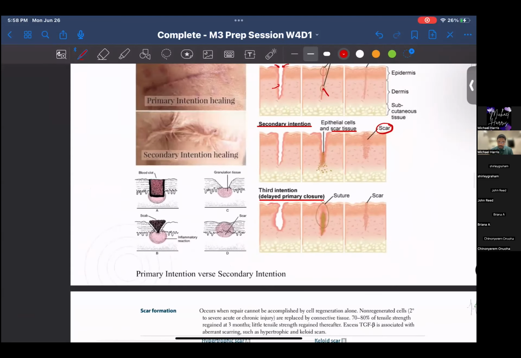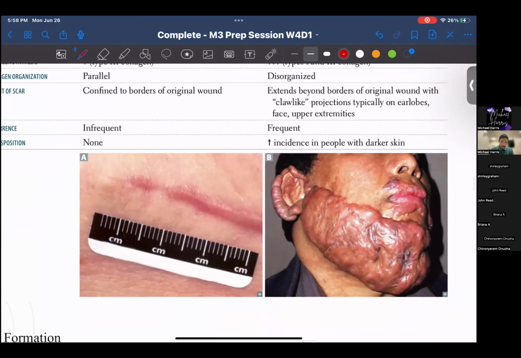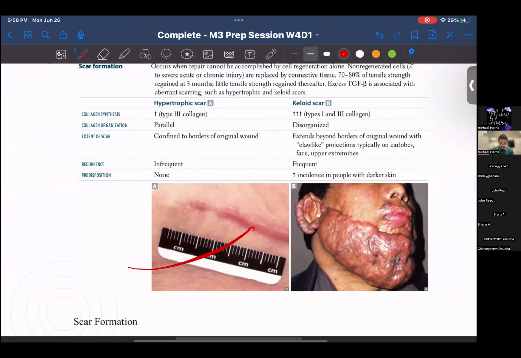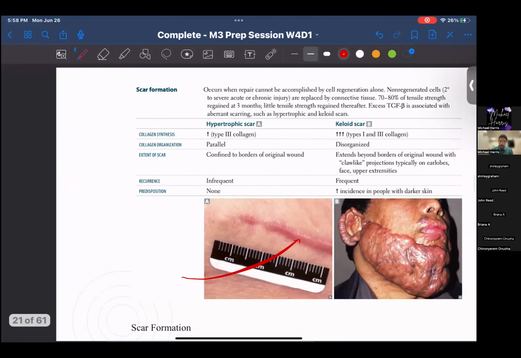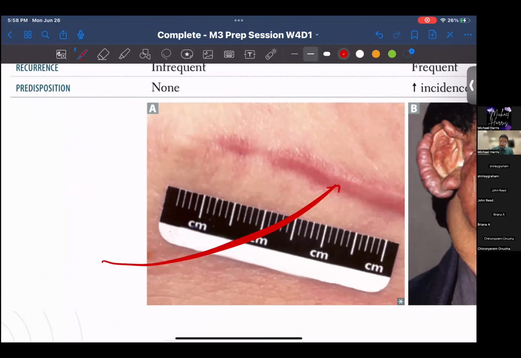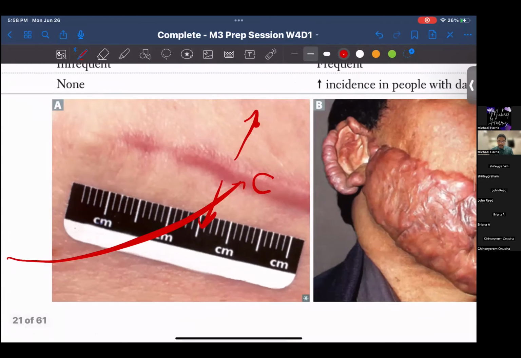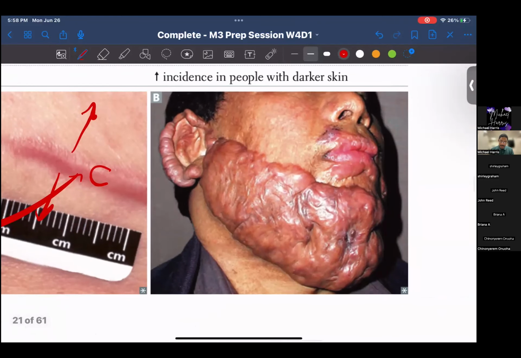All right, good. So this here is an example of a hypertrophic scar. You see how big this scar is, but it's not extending out from the scar damage line or the tissue damage line. Versus this individual, where he had gotten damaged here, but it had spread well beyond the borders of the trauma.